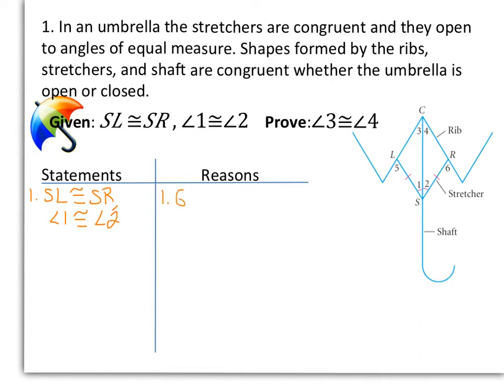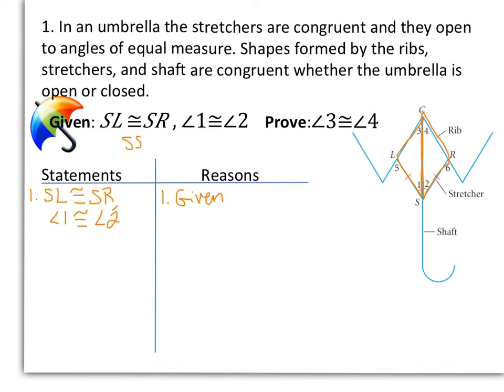And my reason is they are both given. Alright, our figure is already marked with the sides being congruent and our two angles being congruent. So I need to first prove that triangle CSL, so this triangle here, is congruent to triangle CSR, this triangle over here.